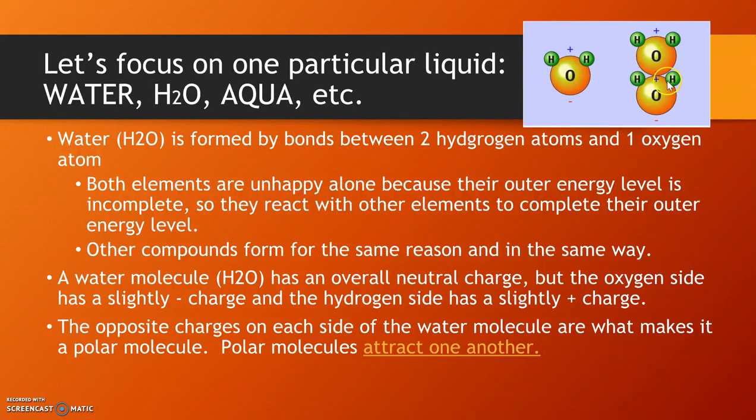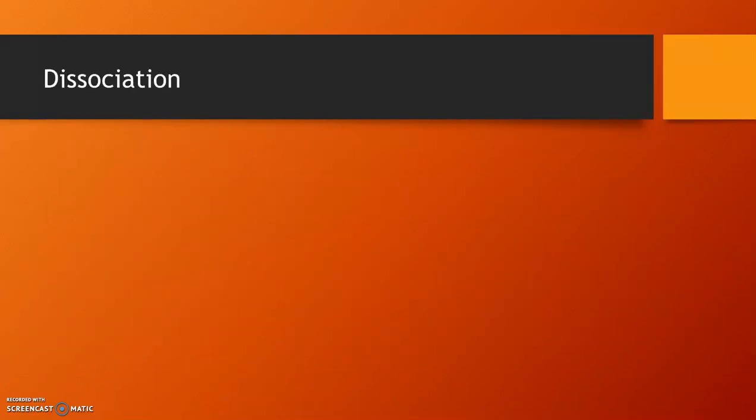Water molecules are attracted to each other because opposite charges attract. So the negative oxygen side will attract easily to the positive hydrogen side. This property of water is called cohesion, and it is a property that we're going to talk about a lot this year because water not only likes to stick to itself, but it also likes to adhere to other things, which is going to come in handy when talking about the water cycle later on.